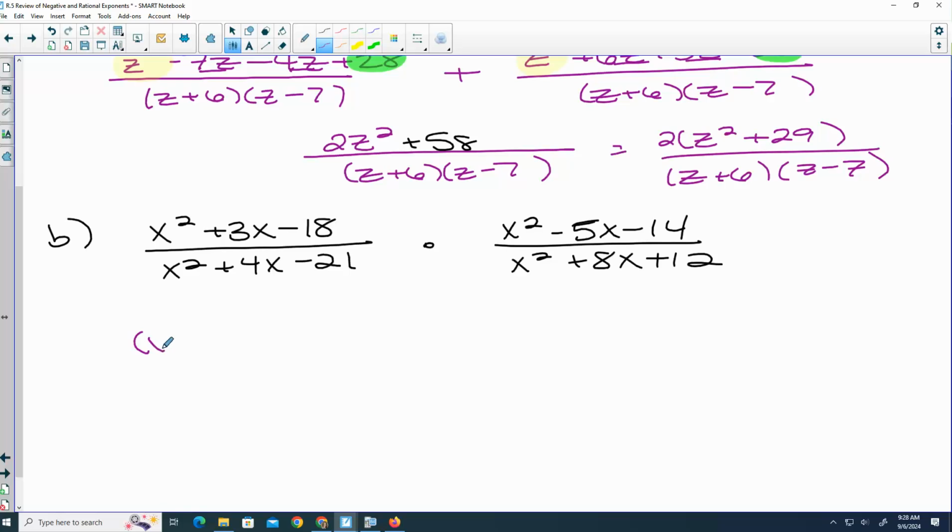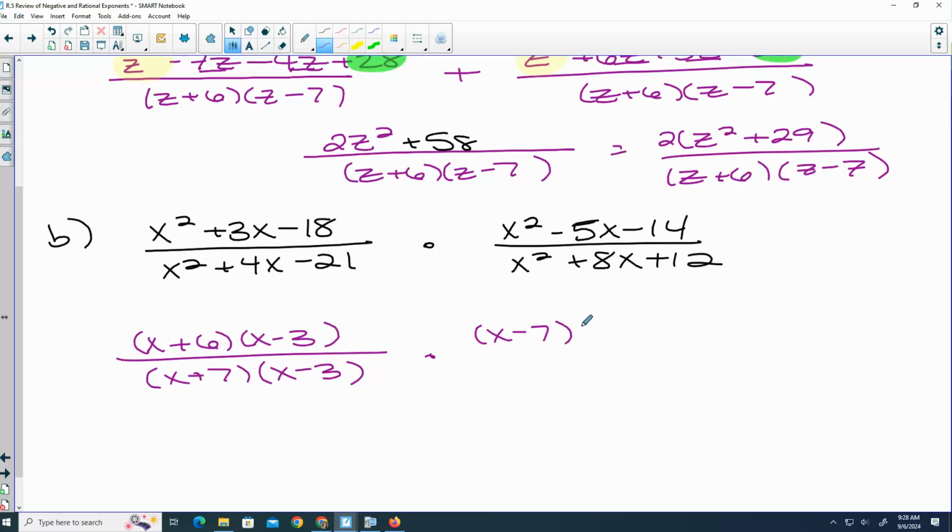So x plus 6, x minus 3 over x plus 7, x minus 3. This one, x minus 7, x plus 2 over x plus 6, x plus 2. So the only difference, if you're dividing, you have to flip the second one.